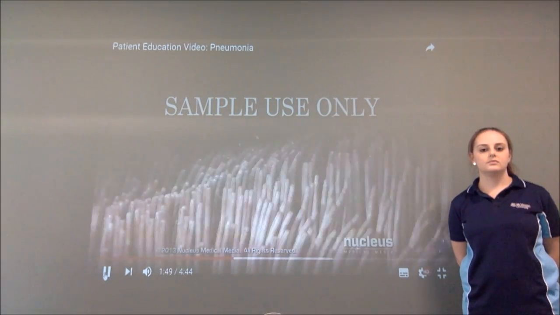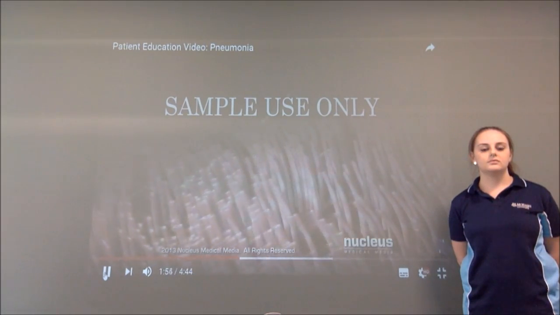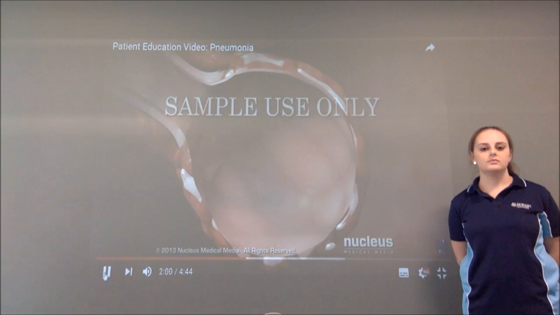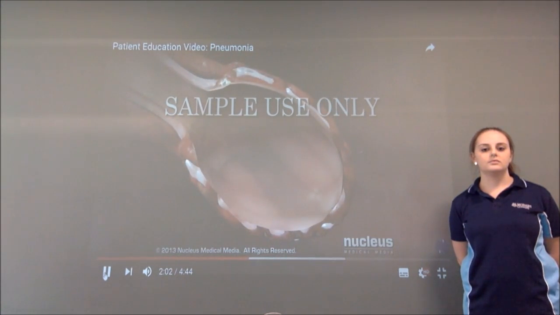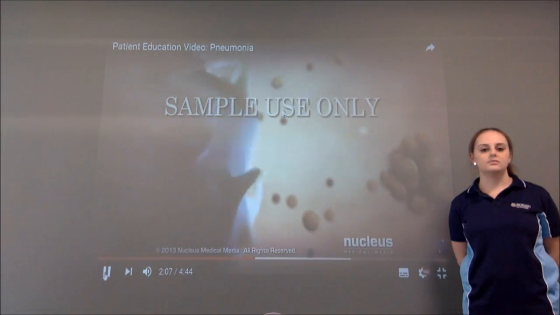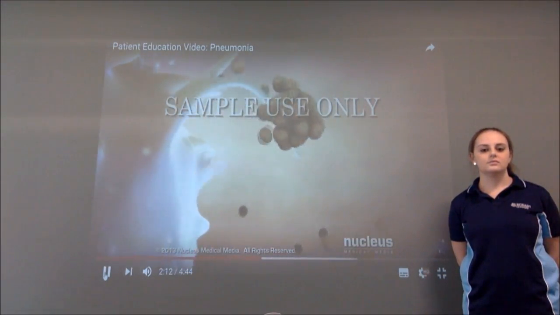Hair-like cilia lining the tubes constantly push the mucus and germs out of your airways, where you may expel them by coughing. Sometimes germs make it past your mucus and cilia and enter your alveoli. Normally, cells of your immune system attack these germs, which keep them from making you sick.